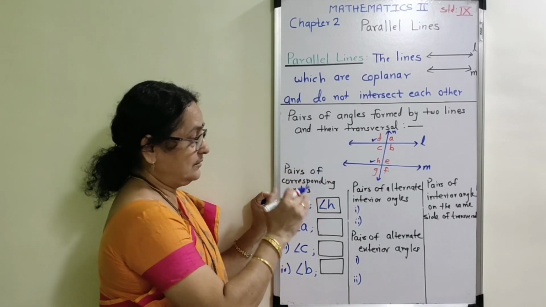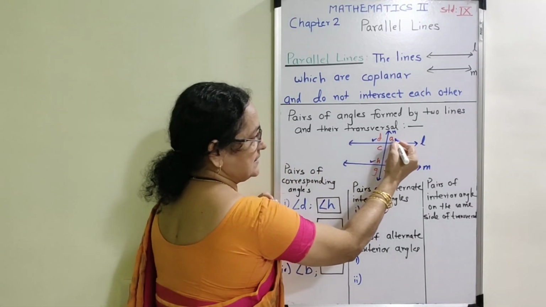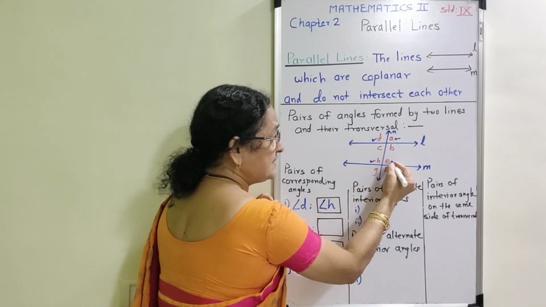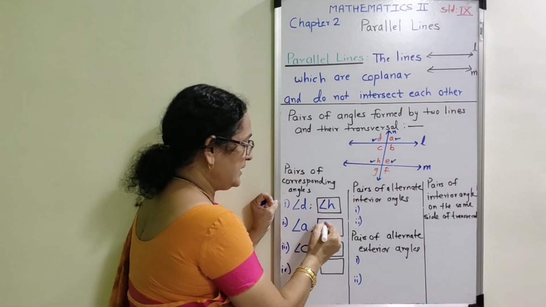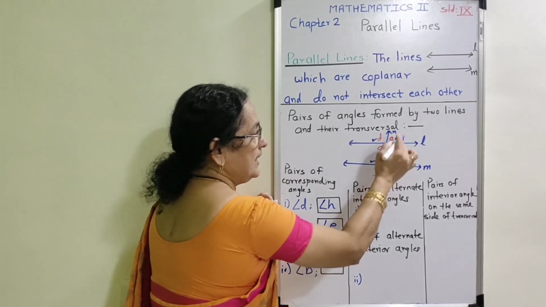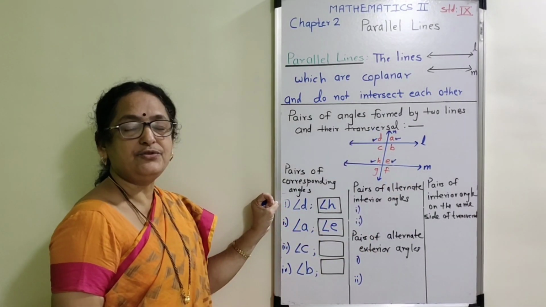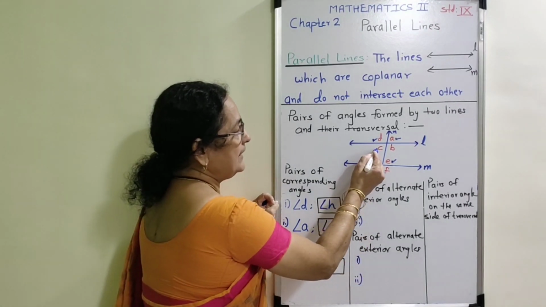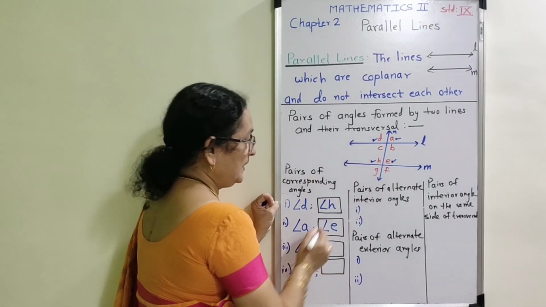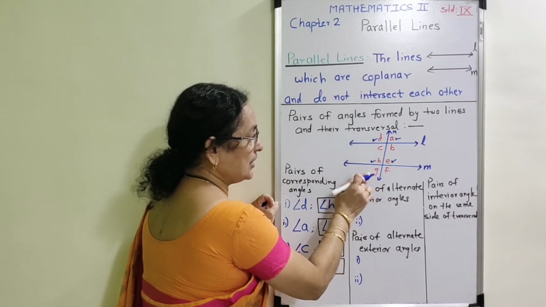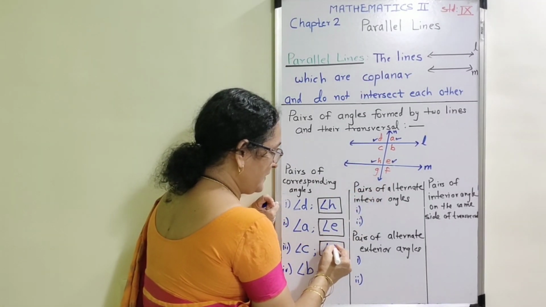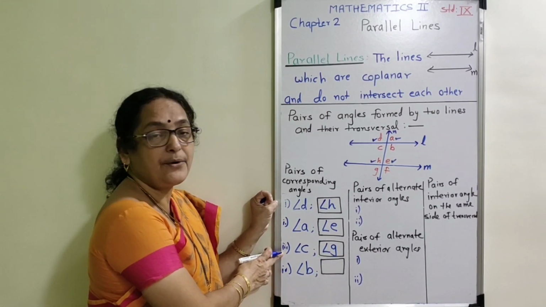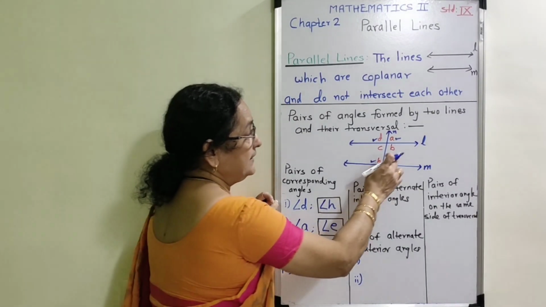Now I can go on that side of the transversal. I will take angle A. Then at the same position angle E is there, and therefore A and E are said to be a pair of corresponding angles. Similarly, when I take angle C, then at the same position angle G is there, and therefore angle C and angle G is the third pair of corresponding angles.